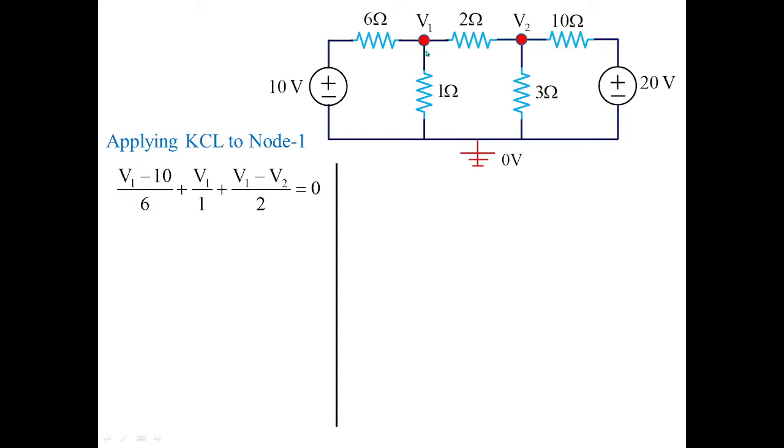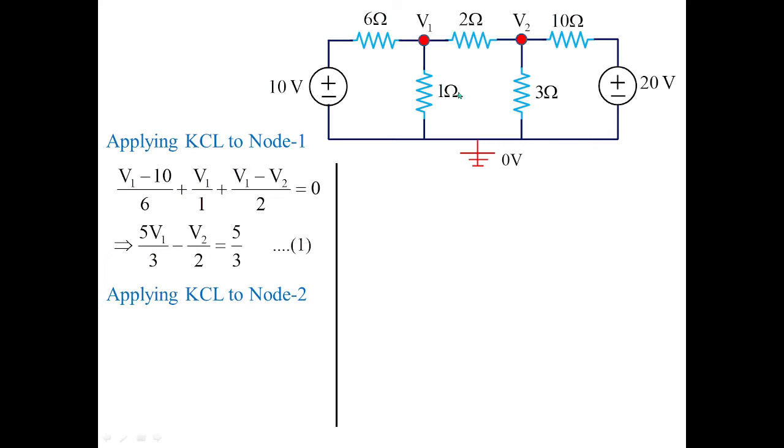Then you go for this branch: V1 minus 0 by 1, so this is V1 by 1, the current in this branch. Then V1 minus V2 by 2, another branch current. So you have 3 branches to this node, and their sum should be equal to 0, thereby satisfying the definition of KCL. Simplifying this, we have 5V1 by 3 minus V2 by 2 is equal to 5 by 3. So this is equation 1.